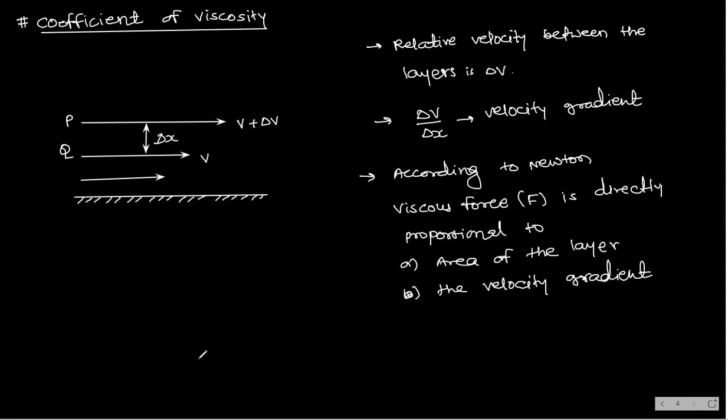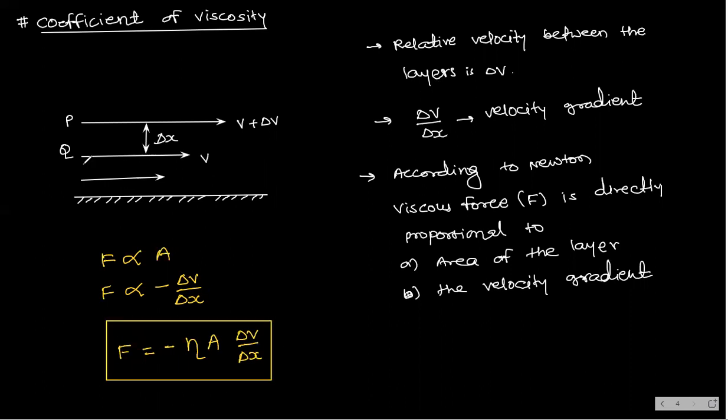And that's why this force, that is viscous force, is directly proportional to A, and also directly proportional to minus delta V by delta X. Now, why this minus sign, I will mention below. If we remove this proportionality sign, F is equal to minus eta into A into delta V by delta X. This is the viscous force formula.